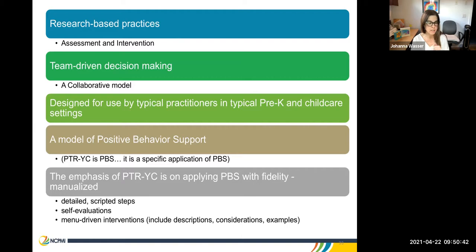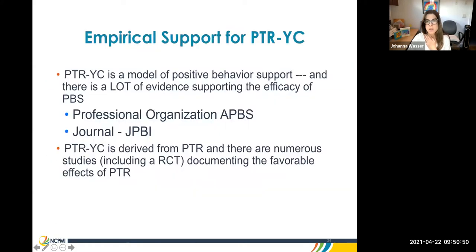So that we ask all teams to do. And then, as I mentioned before, that intervention menu. So there is a lot of empirical evidence that supports PTR-YC as being successful. So it itself is now an evidence-based practice. So that was the outcome of our research study, which was very exciting.